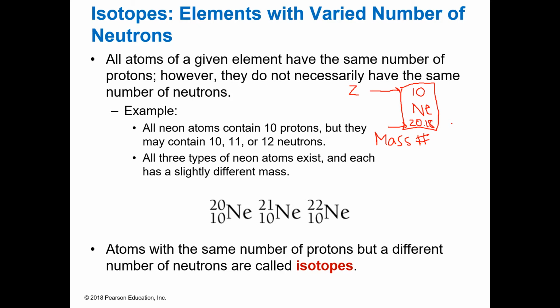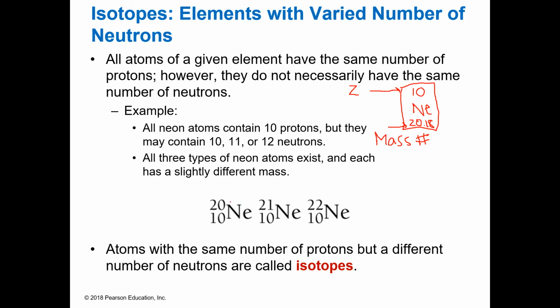The reason being is because not every atom, but most atoms have more than one, what we call isotope. An isotope is when you have an element or an atom like neon. Neon's always going to have an atomic number of 10, but it can have a different mass number. For example, there are 3 isotopes for neon.